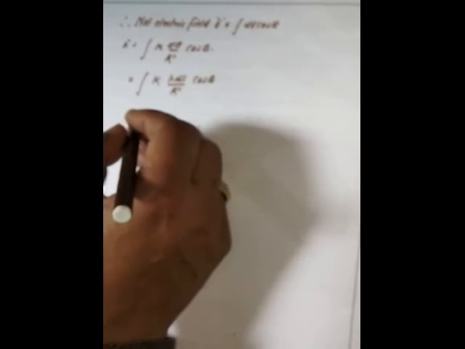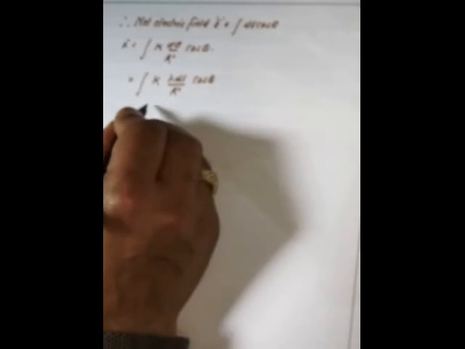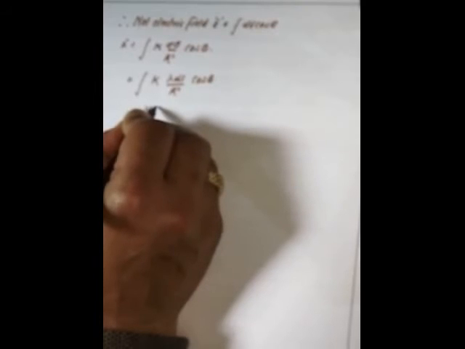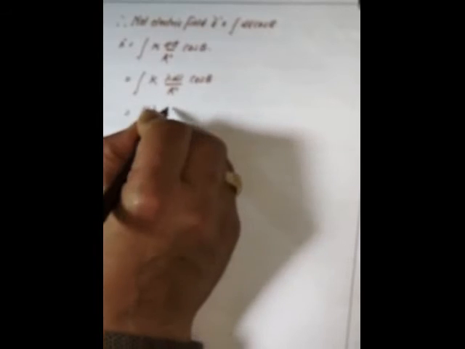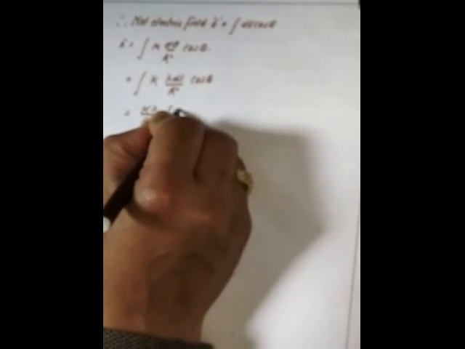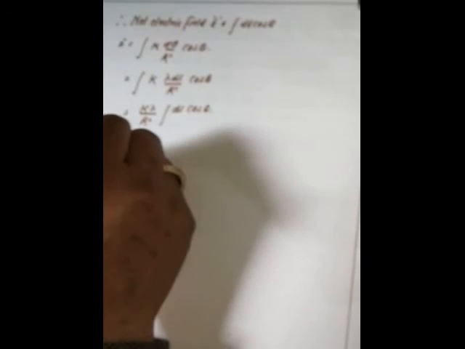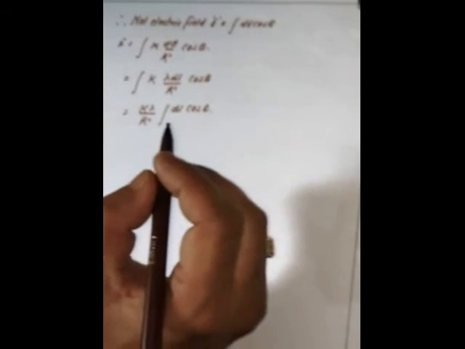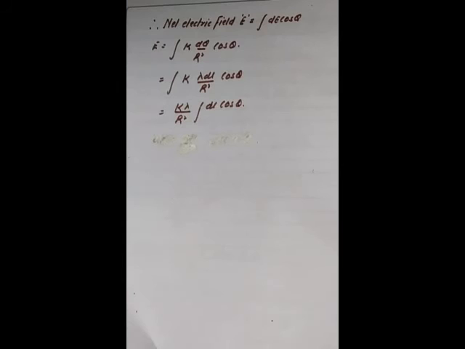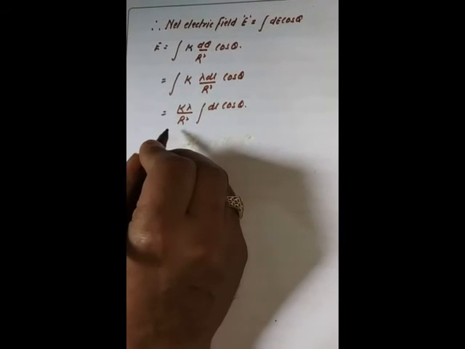then the constant quantity comes out from the integration, it will become k lambda upon r square integration of dl cos theta. Okay, then we know that angle equals arc upon radius.